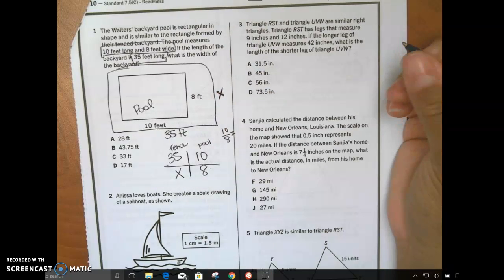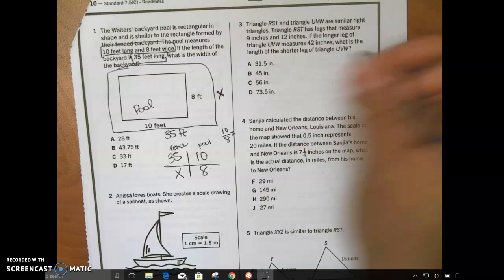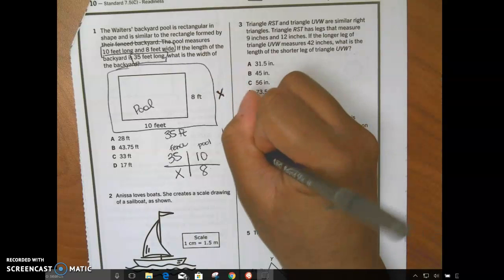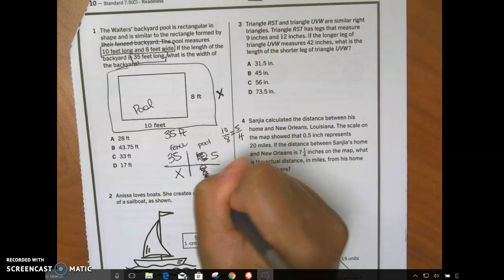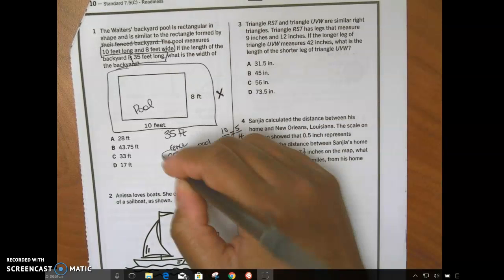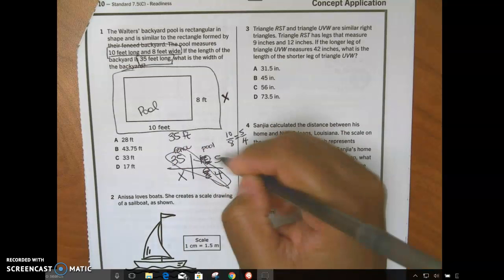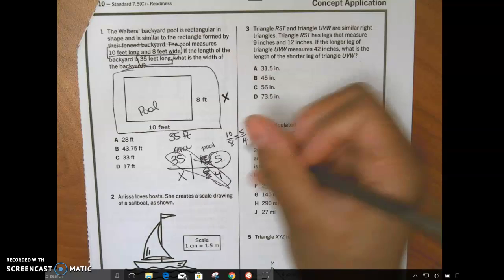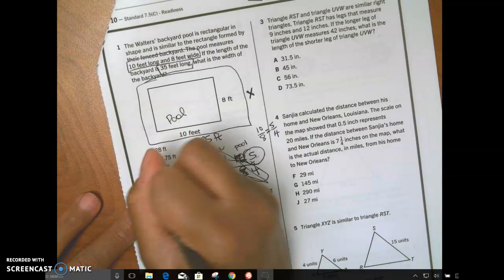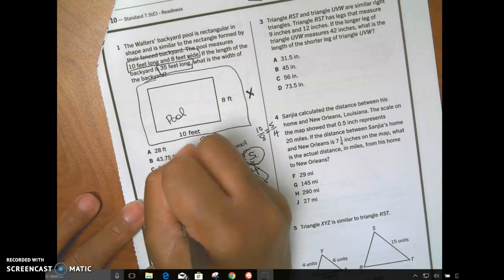Simplify it to what? 5/4. So scratch this out, 5. Scratch this out, 4. 35 times 4 divided by 5.